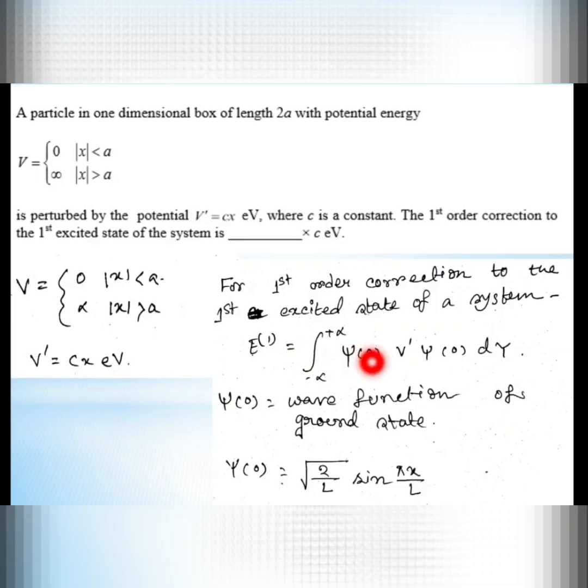And V dash, the potential by which the system is perturbed, is equal to Cx. Now just put the values: E dash is equal to the integral from minus infinity to plus infinity of psi 0 into Cx into psi 0 d tau.